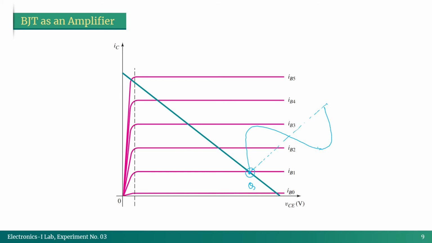And because of this one, we are going to get an output current IC, which should look like this one, right? But because there is this zero crossing here, this portion will be chopped off. Okay, so like this. Let me draw again. Something like this will happen.